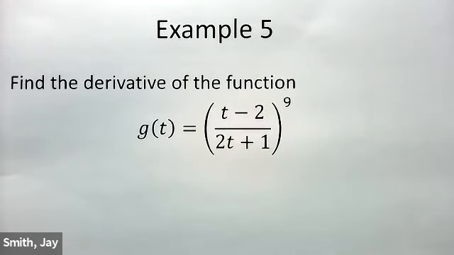Now, example 5 is when we start mixing and matching some of these rules. Like I said, one rule in and of itself, not that difficult. What becomes difficult outside of the algebra itself is knowing when to use what rule.